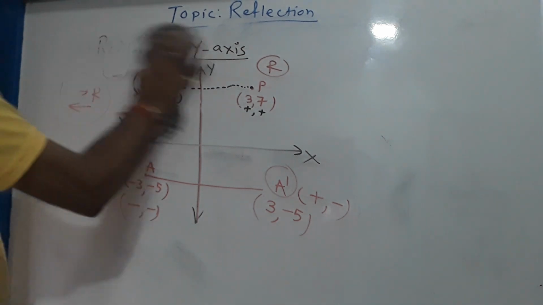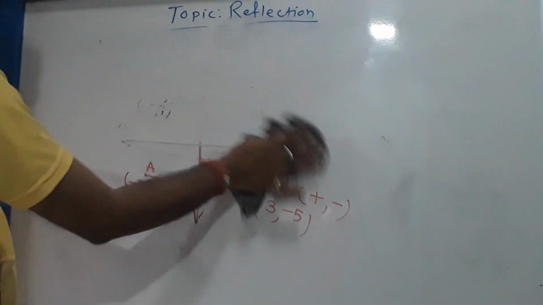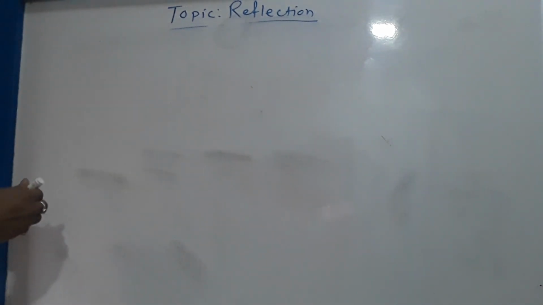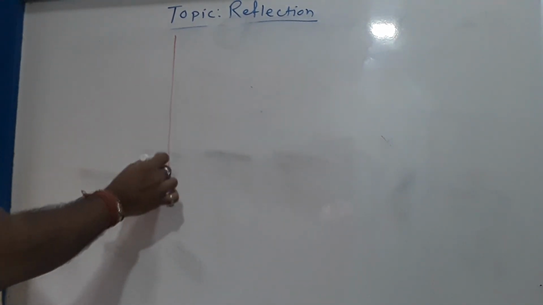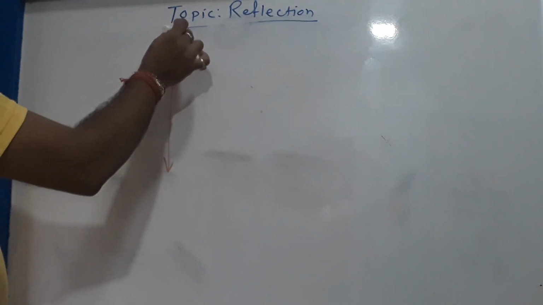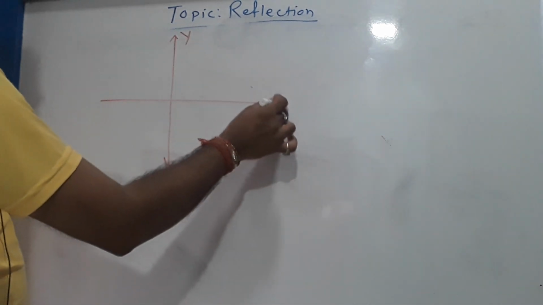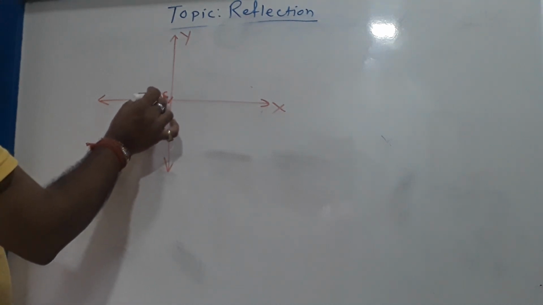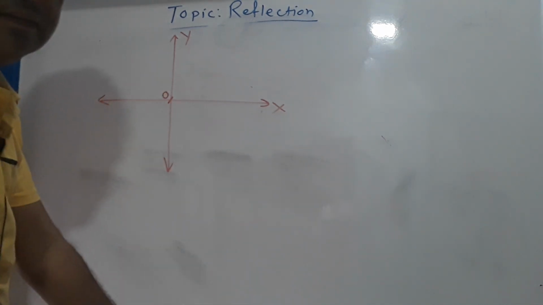Now let us study reflection in origin. This is my y-axis and this is my x-axis. And this is my origin, where the x-axis and y-axis intersect.